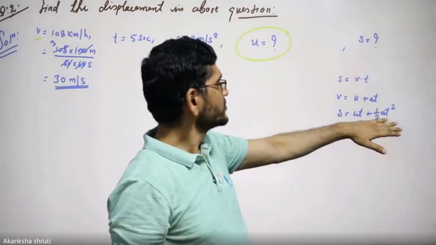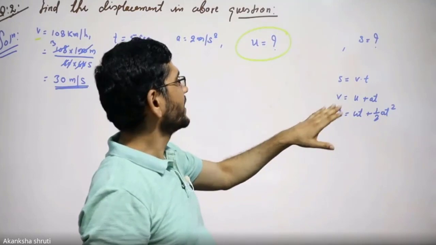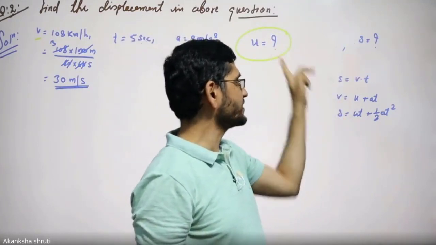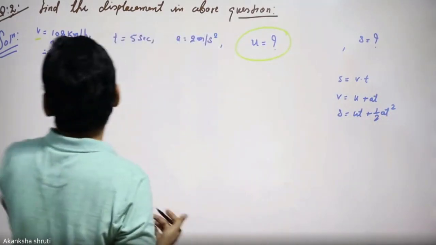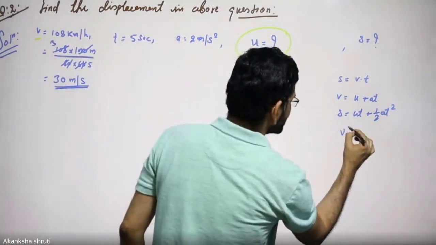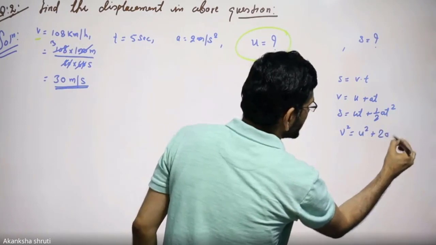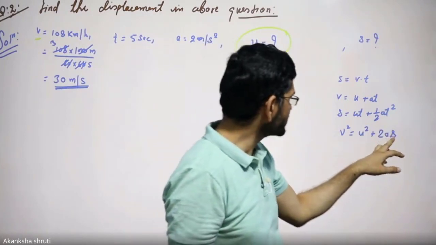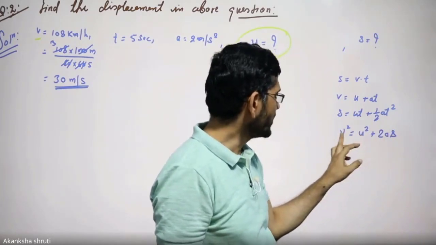So if U is not asked, but still displacement is directly asked, first you need to calculate U, then substitute it. Or let us search for the other one, whether that can be applied. V square is equal to U square plus 2AS. Even this third kinematic equation relates A, U and V.